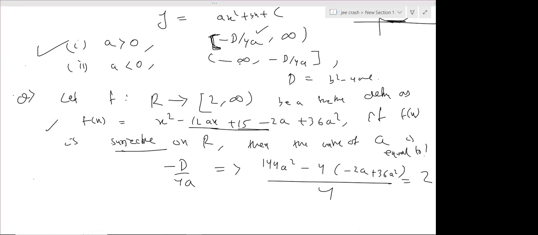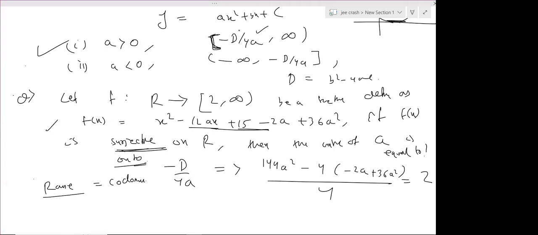Is it clear what I said? So y equal to 2. Krishna, see, they are saying this function is surjective. Surjective means onto. Onto means range will be equal to codomain, right?